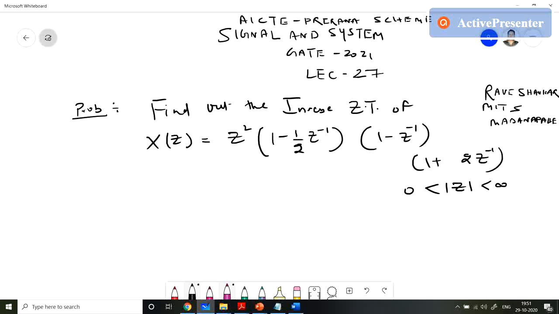So let us find out the inverse Z transform of this problem.